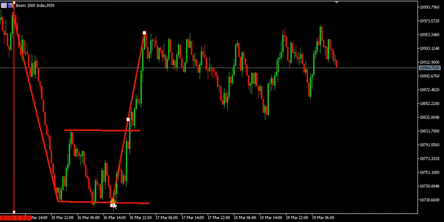This is where you put your flag pole. Okay, you just plot your flag pole over here, then you start plotting your trend line. One here, then another one over here.